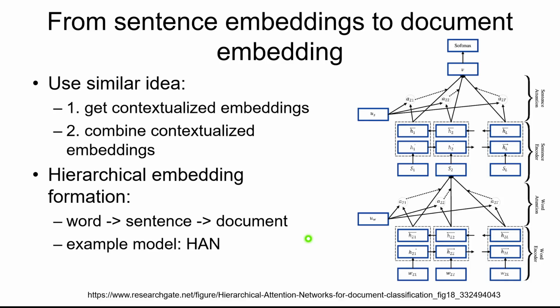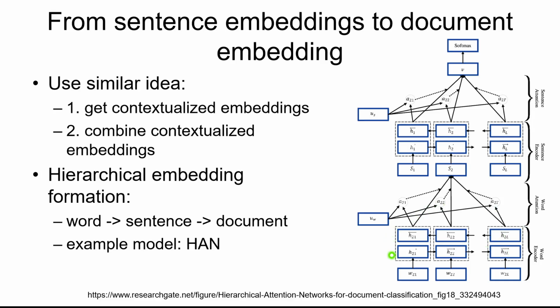Using similar ideas, we can also go from sentence embeddings to document embeddings. Just do the same thing. First we get the contextualized embeddings for sentences, and then we combine them to get the document embeddings. This kind of hierarchical structure is what is discussed in an example model called the hierarchical attention network. Basically, this model does a two-step process.